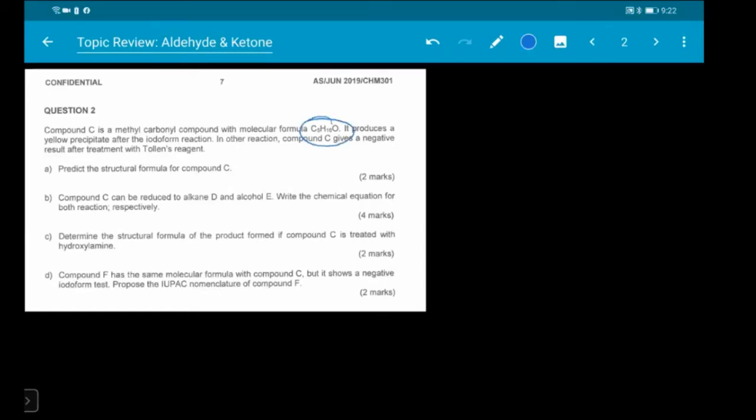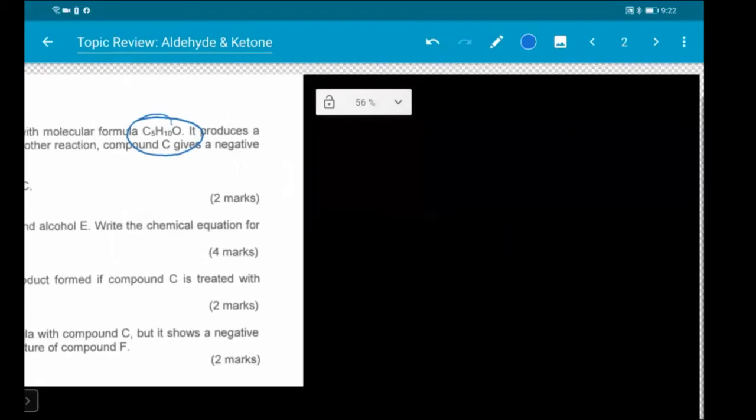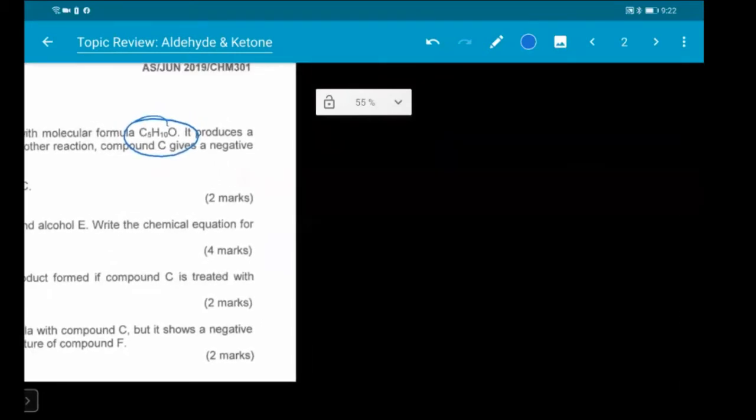So without looking at the details of the rest of the question, you should realize that ada berapa possibility structure yang kita boleh come up with if this is an aldehyde and ketone. First, it can be 1, 2, 3, 4, 5. Okay, dia boleh jadi structure macam ni.